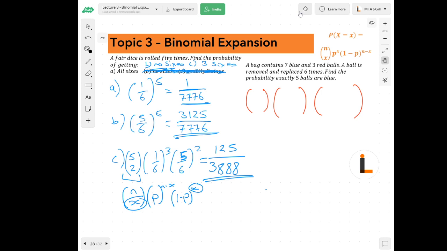This is going to be 7/10 here, which means this is going to have to be 3/10 over here. We want 5 successful opportunities. If we're choosing them 6 times, that will mean 1 unsuccessful.